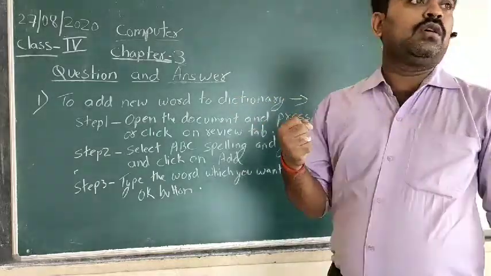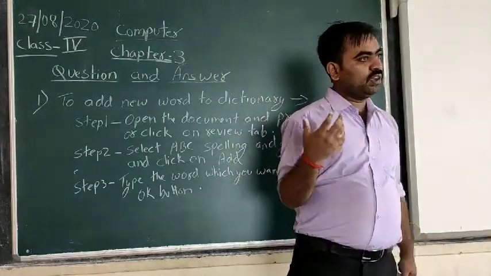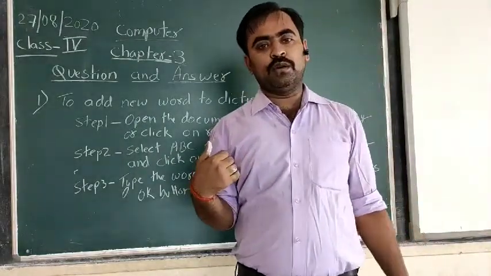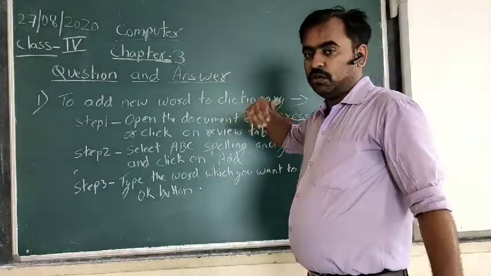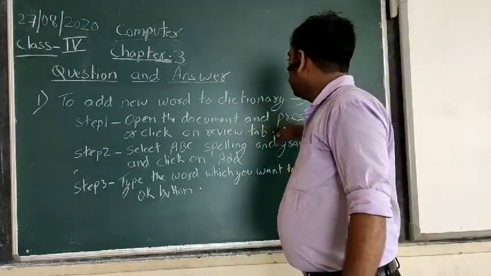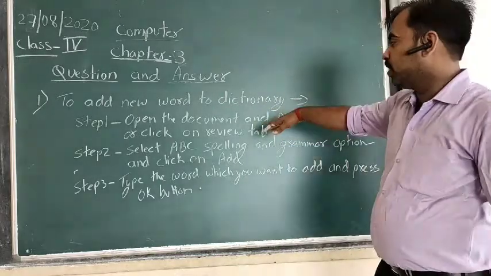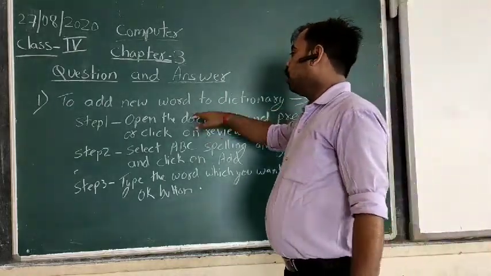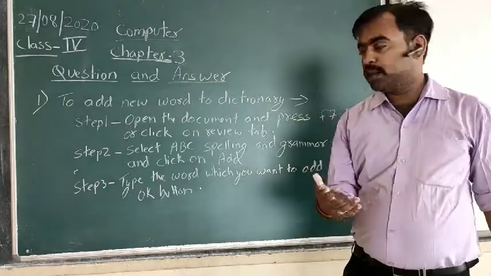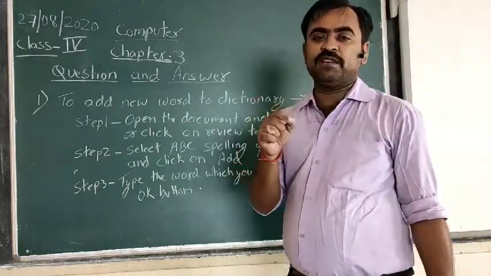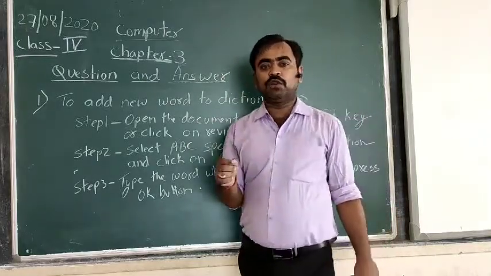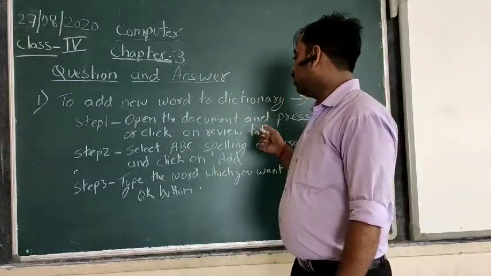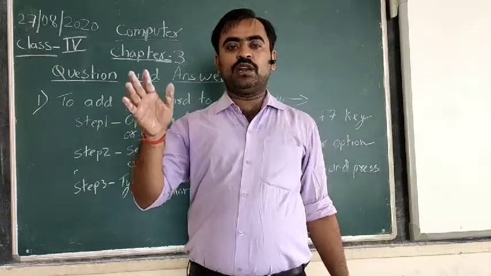So the question was, how can you add a new word to a dictionary? If you think that particular word is not included in the dictionary of your computer system, in order to add it, you can follow these steps. First of all, open the document and press the F7 key from your keyboard, or click on the review tab.